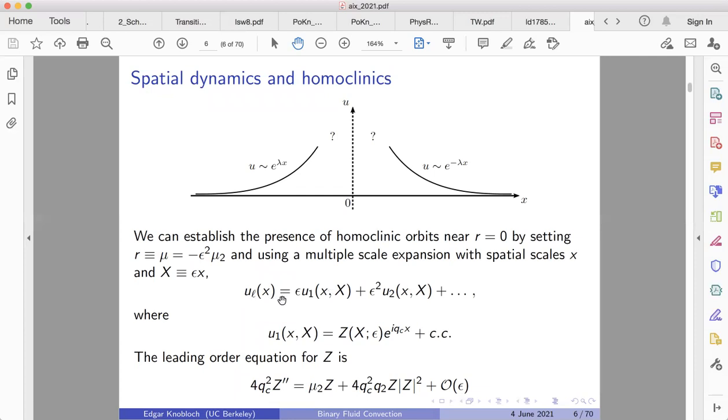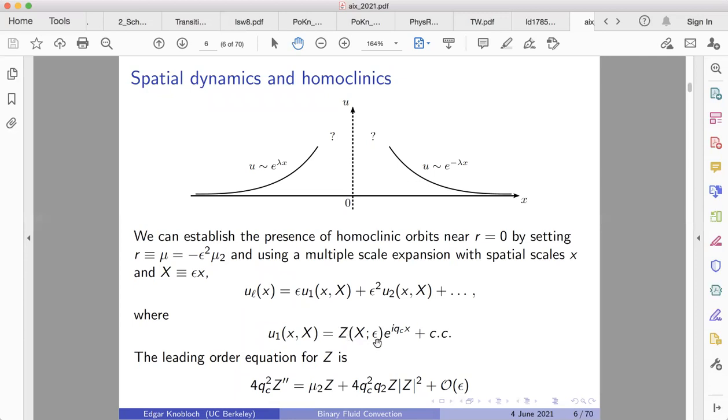Take u, and we're going to expand it in a series in powers of epsilon, where I'm going to relate epsilon to how far below critical, below R equals 0 I am. So that's given by this expression. And then I allow u1 to have this form of an envelope function that varies slowly in space.